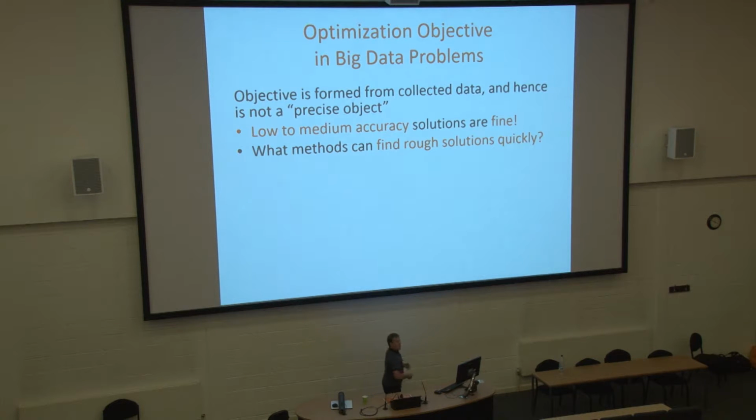Right, so in big data problems, optimization objectives are not just any kinds of objectives. Usually, the objective, the function that you want to minimize, is formed from data that you collect. It might be a least squares problem where the matrix holds some measurements, which can be images. Since they are measurements, they're very imprecise.